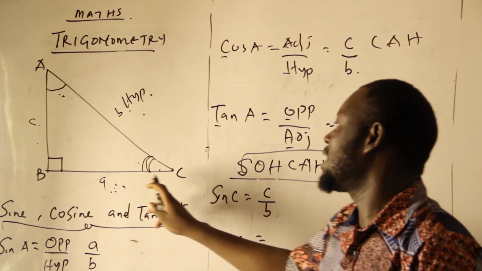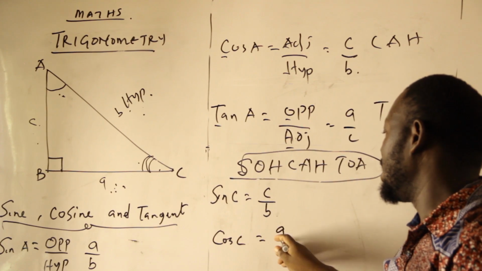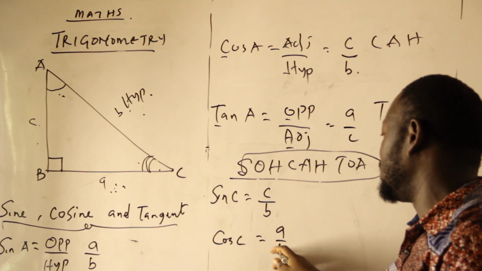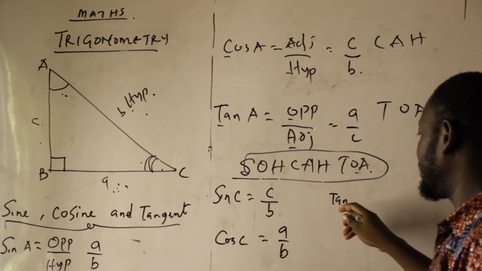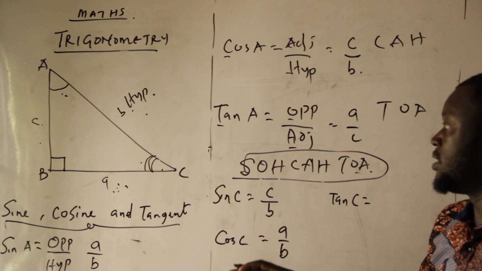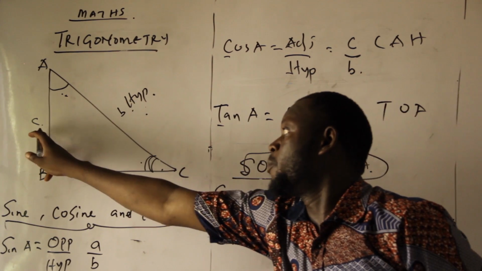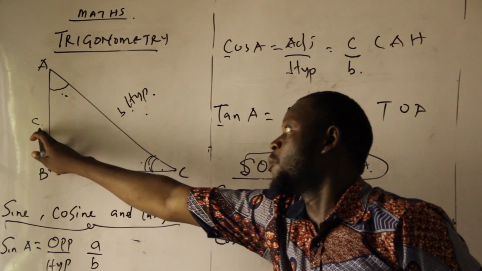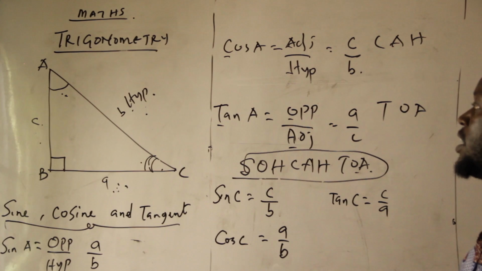If this is opposite, then this will be my adjacent, that is a over hypotenuse, that is b. And our tan C will be opposite over adjacent, using this, that is c over a.